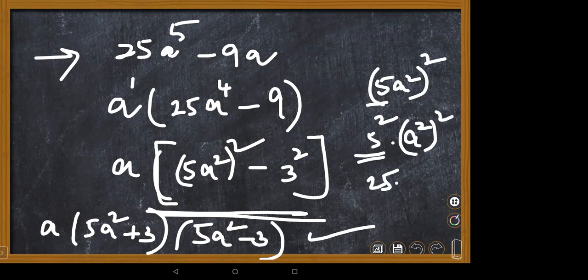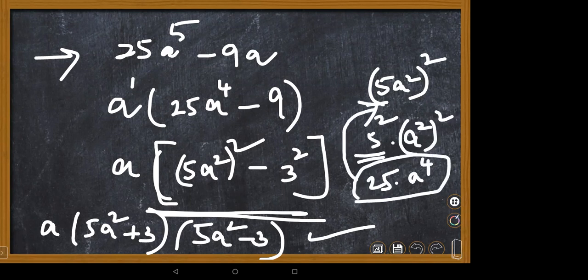This is the exponential law. So instead of 25a power 4, it can be written as (5a square) whole square. Yes or no, Satvik? Yes, ma'am, understood.